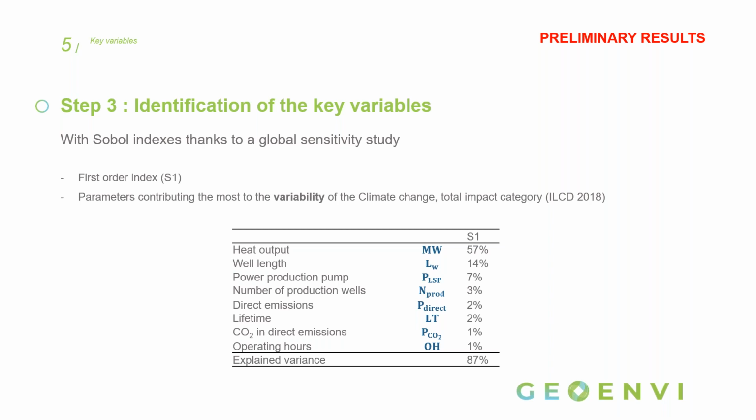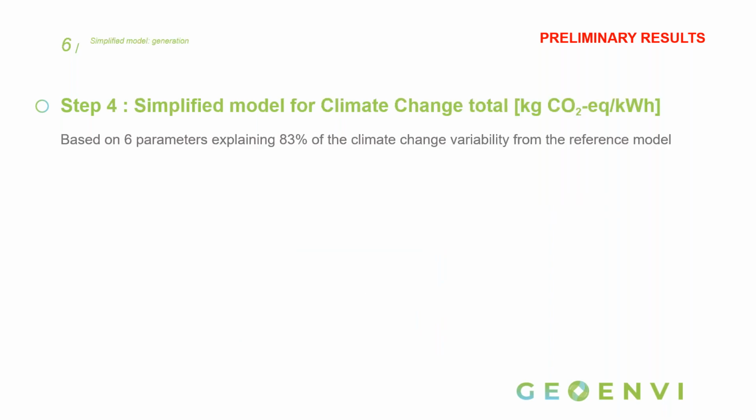And here again, I'm stressing, they explain 87% of the variability of the impact category, not of the impact category in itself. From these 8 variables, we chose only 6. So we did not use the fraction of direct emission and the CO2 in the direct emissions to derive a simplified model for climate change.